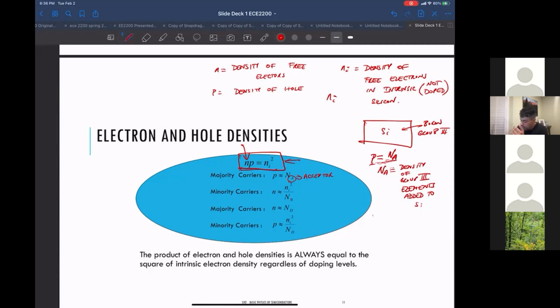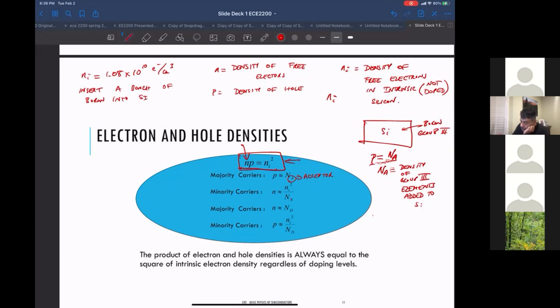So for example, remember that at room temperature, the intrinsic density of electrons was 1.08 times 10 to the 10th electrons per centimeter cubed. Let's say we insert a bunch of boron atoms into this silicon.